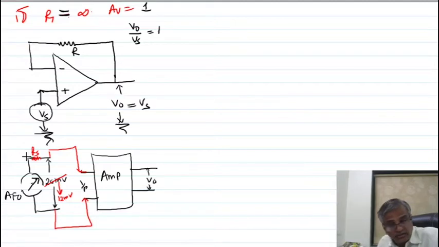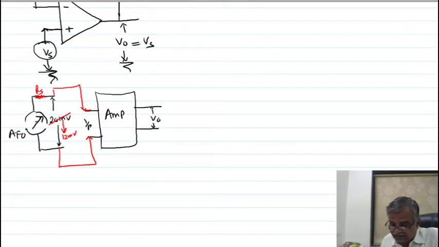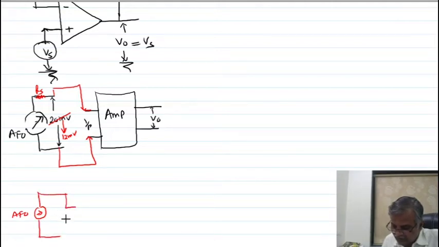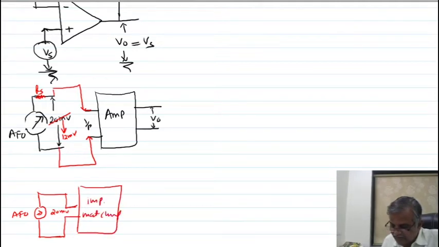So to remove this error, what we are doing, we can do like this. This is your AFO. This I am connecting to this, and this is your 20 millivolt. This is an impedance matching device, and the output of this impedance matching device you are giving to the amplifier circuit.